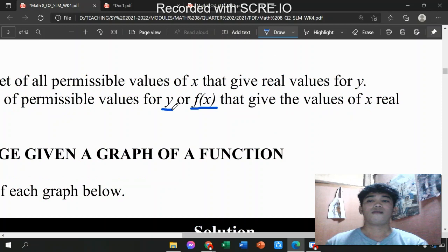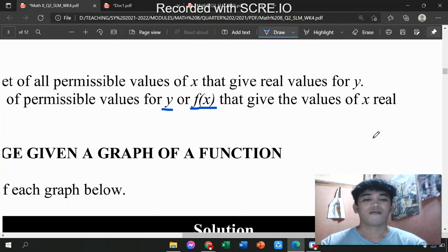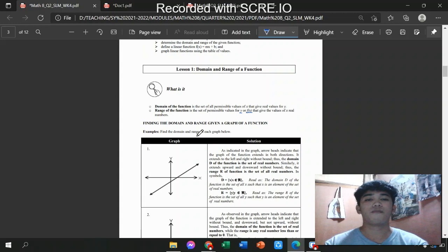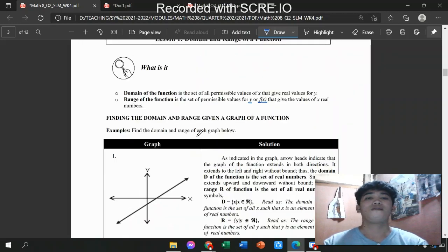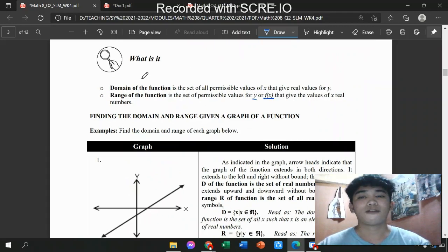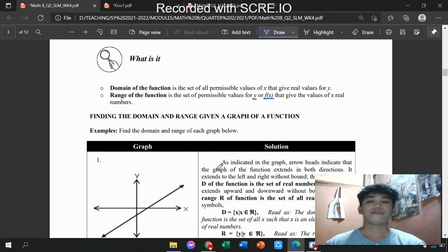So again, the range of the function is the set of permissible values for y or f of x that give real values of x. So the domain is all the values of x, the range is all the values that we can substitute for y or f of x. Again, f of x is the same as y.